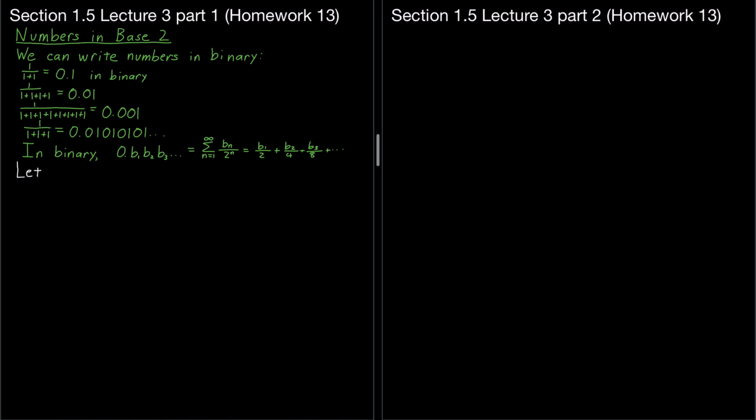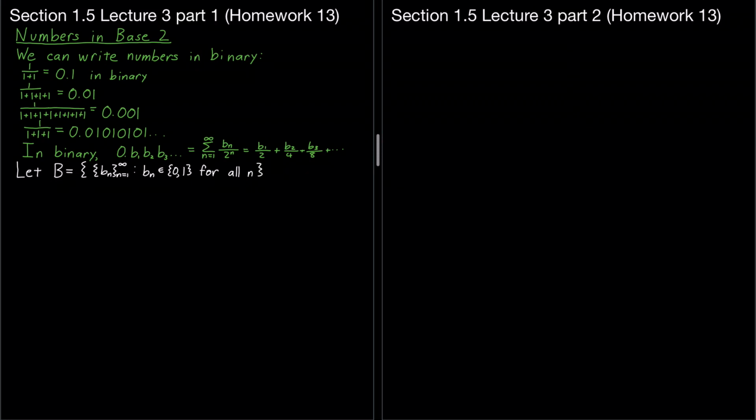Let B be the set of all binary sequences. Notice that I've got 2 curly braces at the start, so B is a set of sequences, not a sequence, such that each of the elements of the sequence is either 0 or 1.